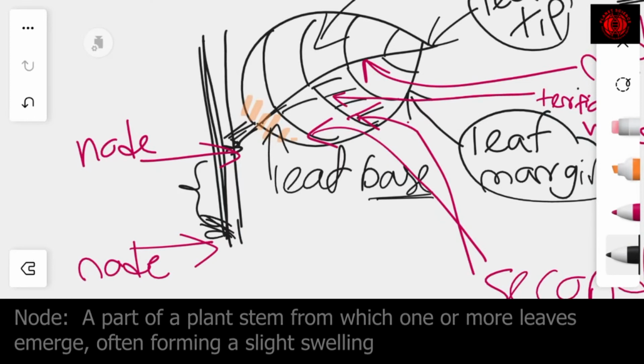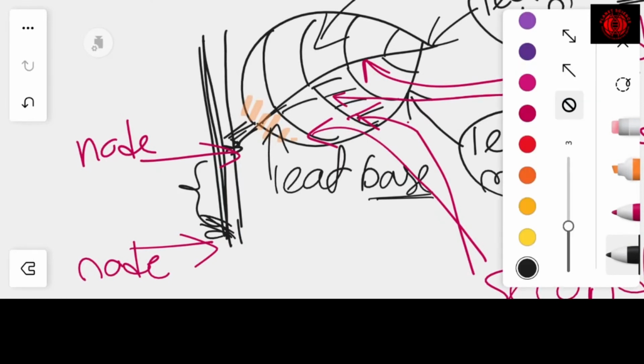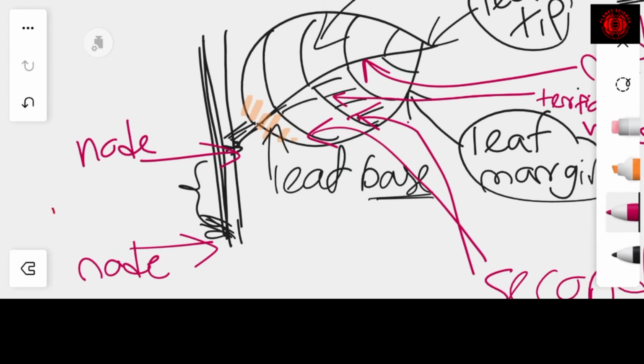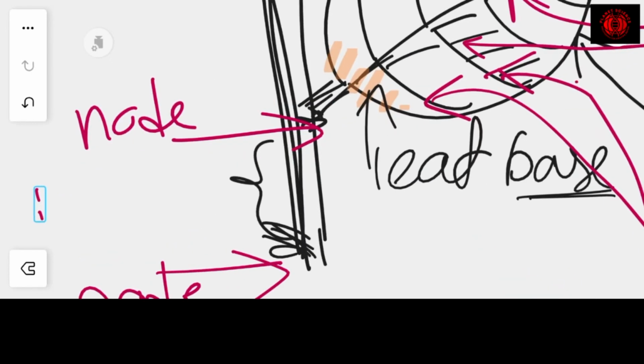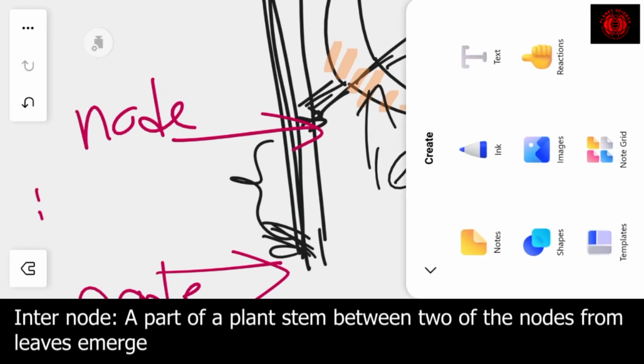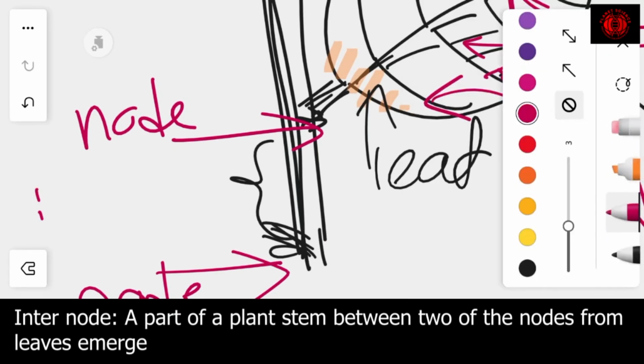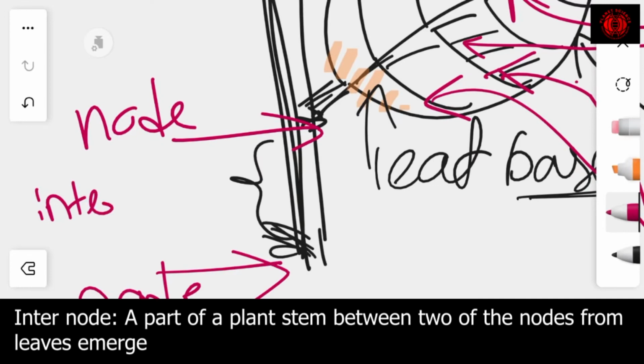The length between these two nodes, we call the internode.